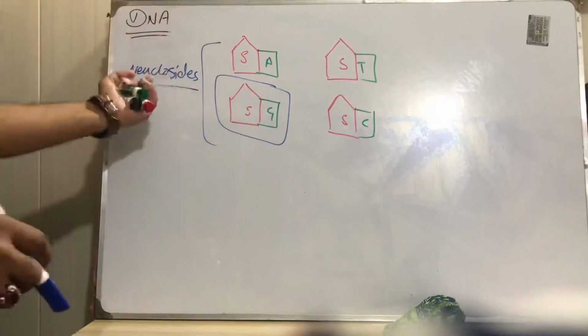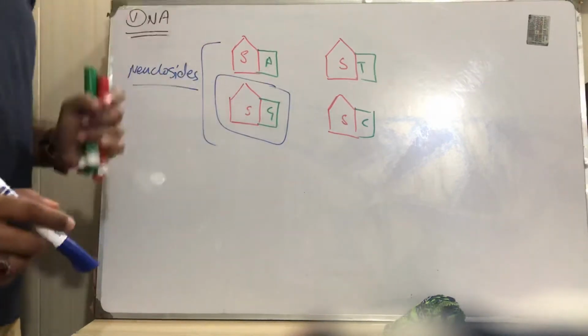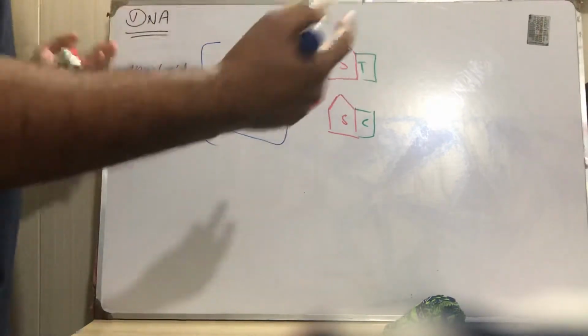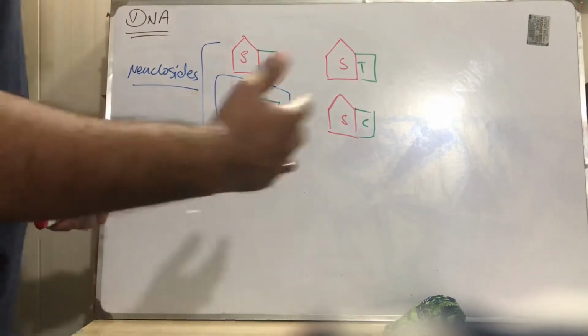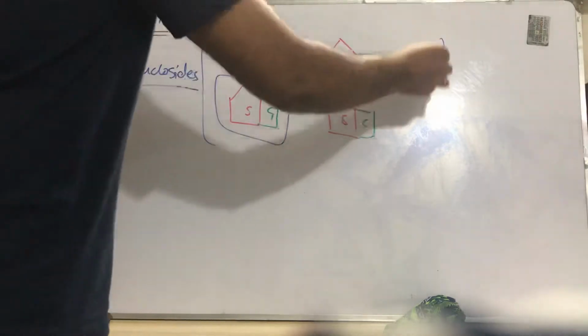Now we have to convert nucleosides into nucleotides. And how can we do this? This is very simple. The third component is phosphate, as you know.